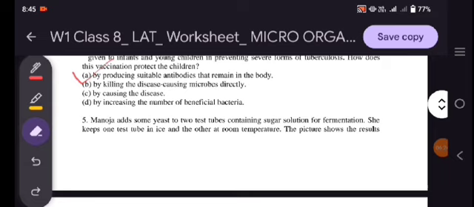Manoja adds some yeast to 2 test tubes containing sugar solution. Okay, so yeast, you all know. Sugar solution is for fermentation. For fermentation, she keeps one test tube in ice and the other at room temperature. The picture shows the result.